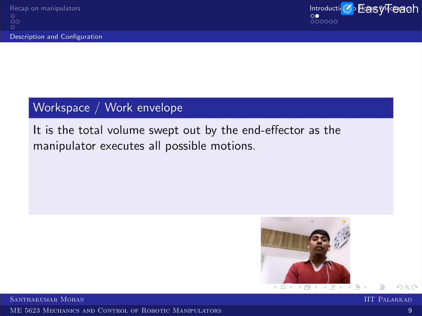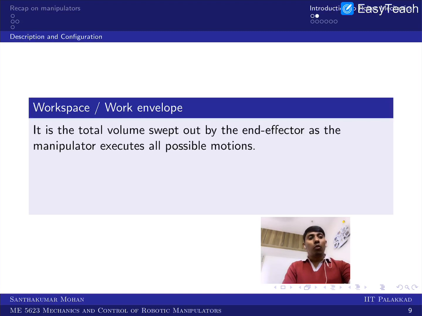But how does this end effector sweep the volume? If it is in a planar case, it sweeps its own planar entity, indirectly an area, which is what you call the work area. Or if it is 3D, we call it the workspace or work envelope. So this is what we are seeing.